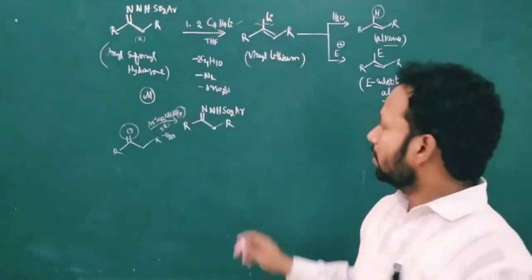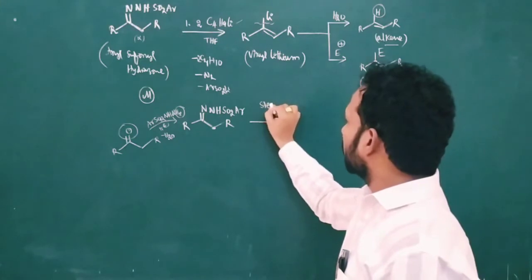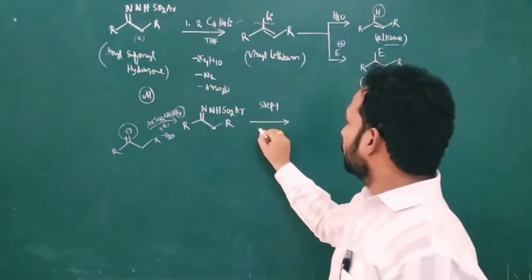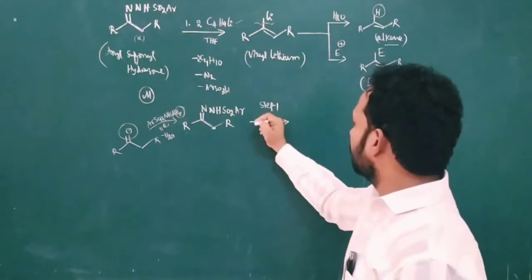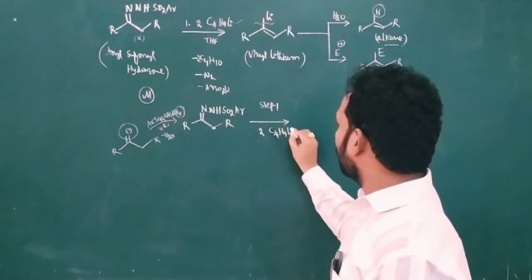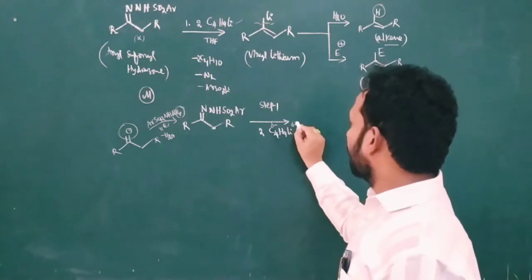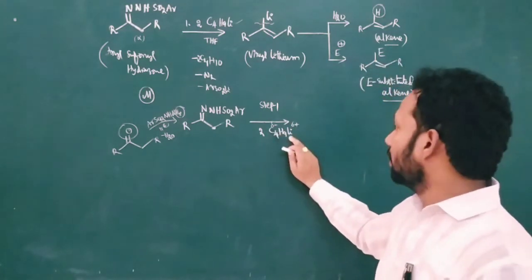So this aryl sulfonyl hydrazone, formed in step 1, reacts with 2 moles of butyl lithium. Here butyl lithium is a strong base, C4H9Li. It has a partial negative charge on the carbon and a partial positive charge on lithium.